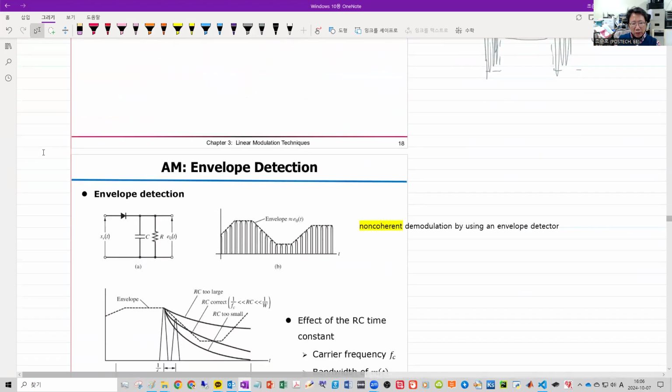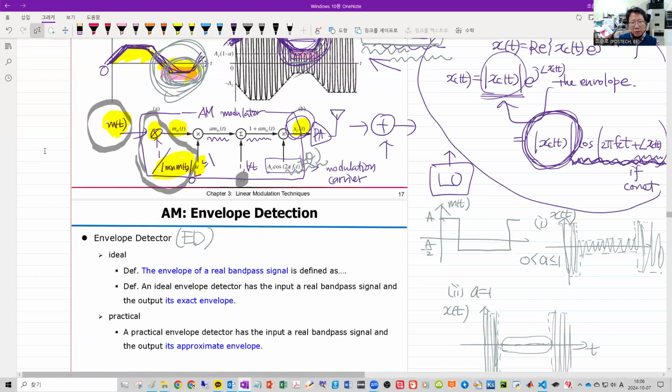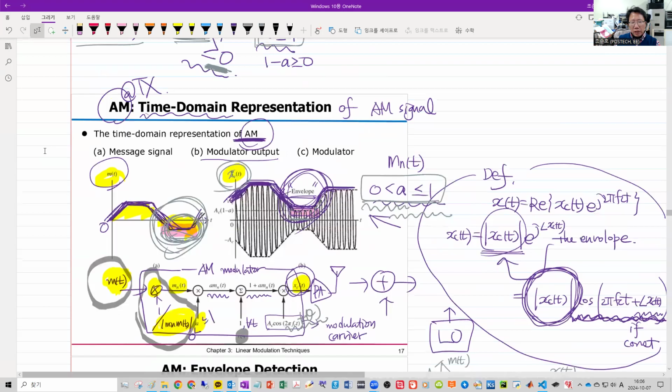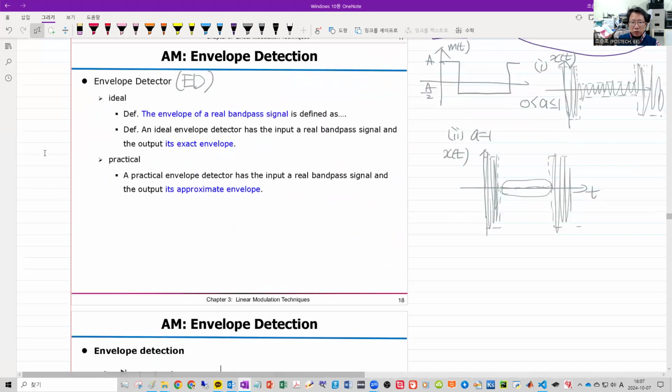Now, before we talk about the transmitted signal in the frequency domain, let's see how to demodulate this AM signal using a so-called envelope detector. So the idea is like this. In the receiver, what is this signal?